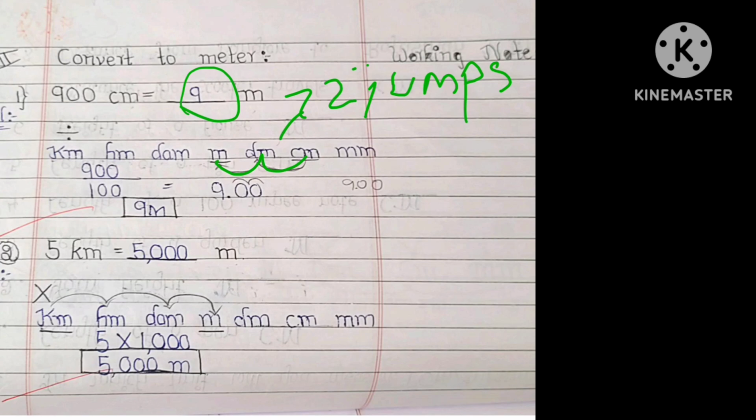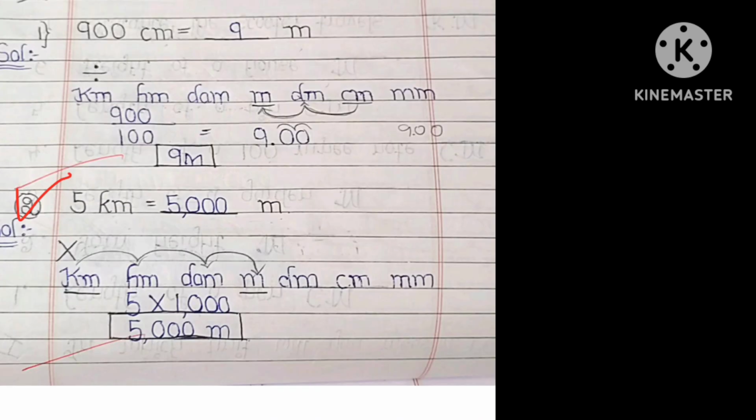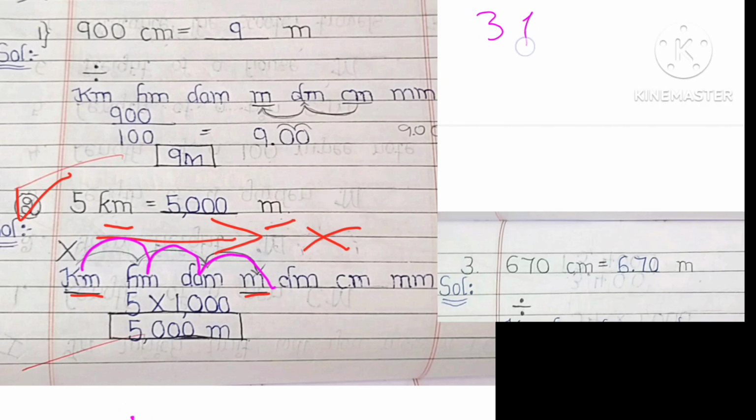Next question, 5 kilometer is equal to dash meter. For this, again we have to write the conversion chart. Then in the question we have kilometer and meter. First kilometer we have to mark, then meter. It is moving towards the right, means multiplication. You have to put the multiplication symbol. Then from kilometer towards meter, how many jumps are there? That many jumps you have to put.